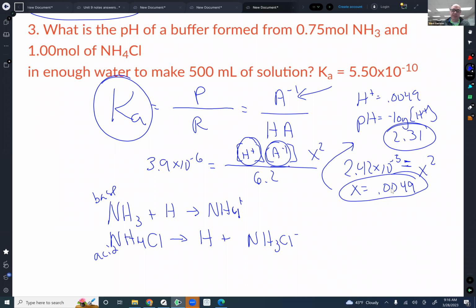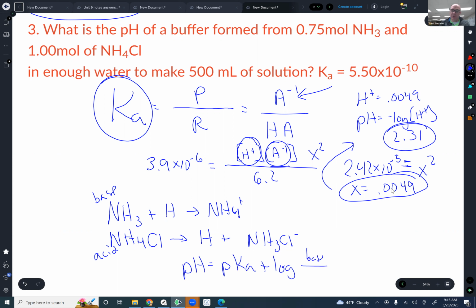So how we deal with this, we have pH, it's the Henderson-Hasselbalch equation. pH is equal to the pKa plus the log of the base over the acid concentrations. So what we've got is a Ka value that we've got to convert into pKa. So I'm going to put 5.5 times 10 to the negative 10.